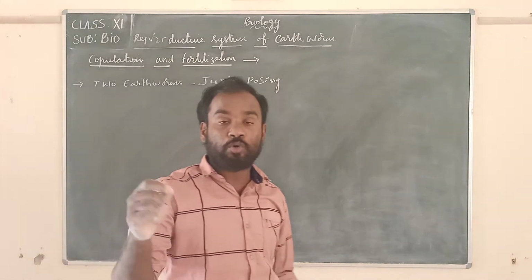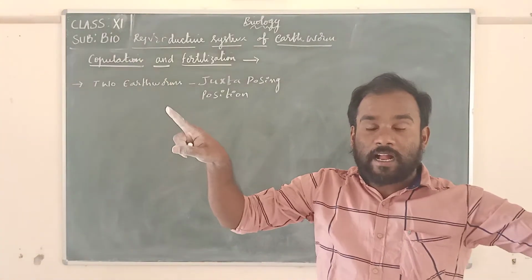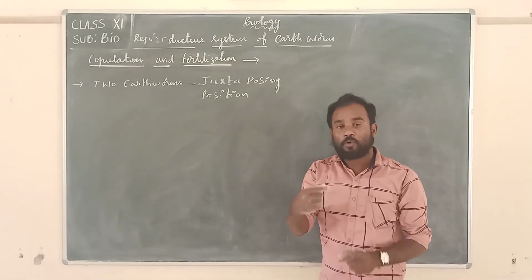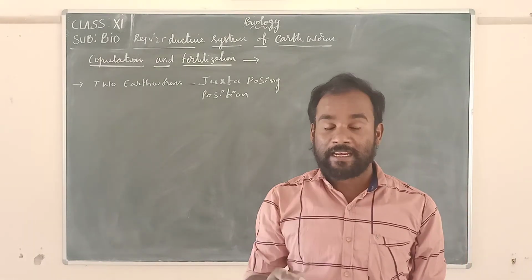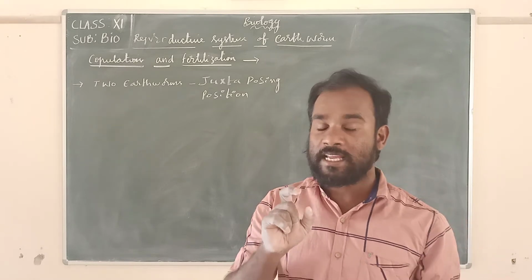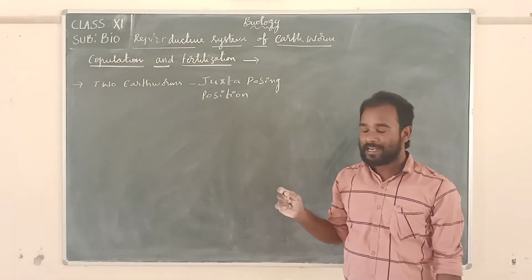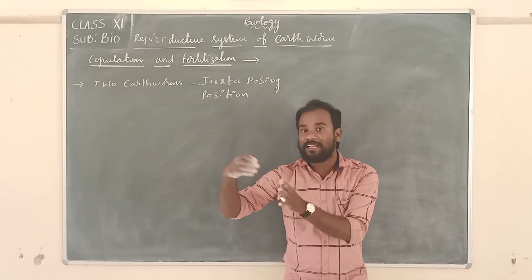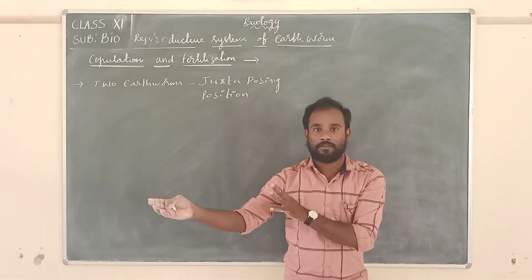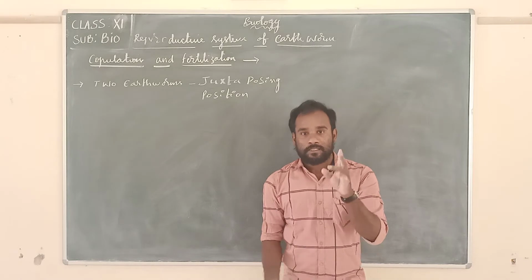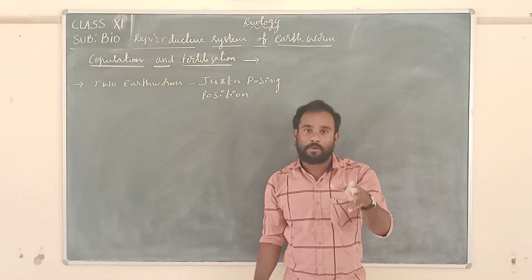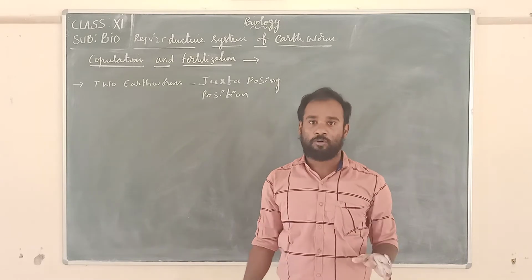During copulation, the two earthworms come closer to each other in juxtaposing position. Here you may get a doubt. That doubt I will clear later. Your doubt is, sir, male reproductive system and female reproductive system are present in the same earthworm, no?